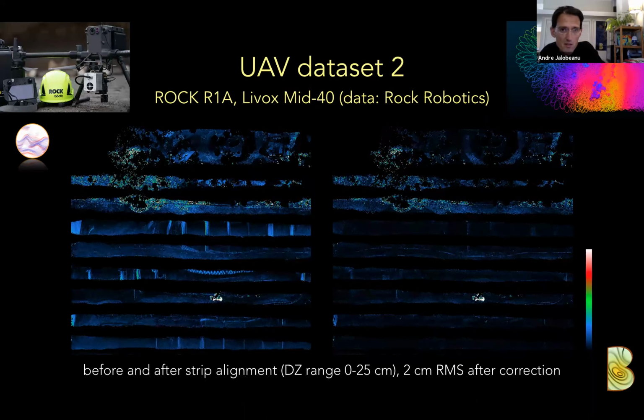And here, even with this weird pattern, StripAlign did a great job at correcting the data. So again, about 2 centimeters RMS relative error after correction on this data set. This is without splitting. This is just a very quick and simple automatic test.